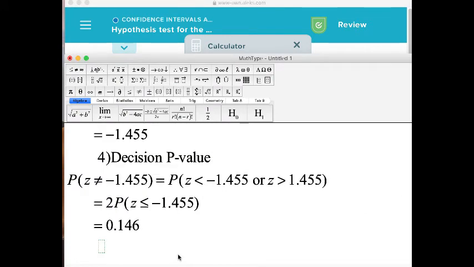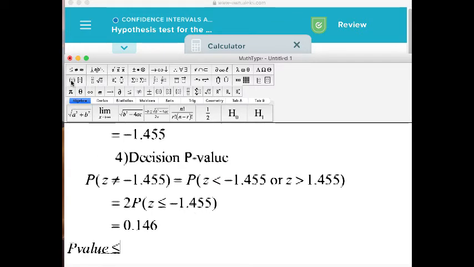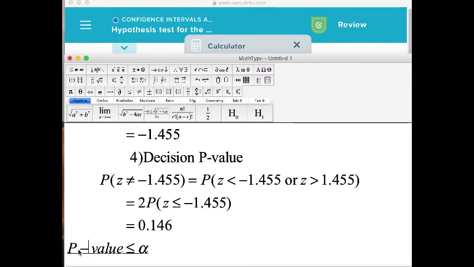So the question that we always ask when we're using the p-value to make a decision is, is the p-value less than or equal to alpha, where alpha is our level of significance. Whether it's a two-tailed test, you ask this same question. Whether it's left-tailed, same question.